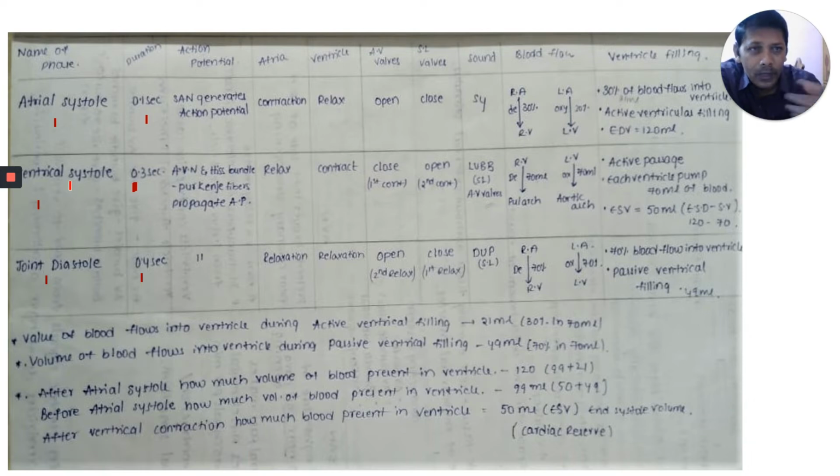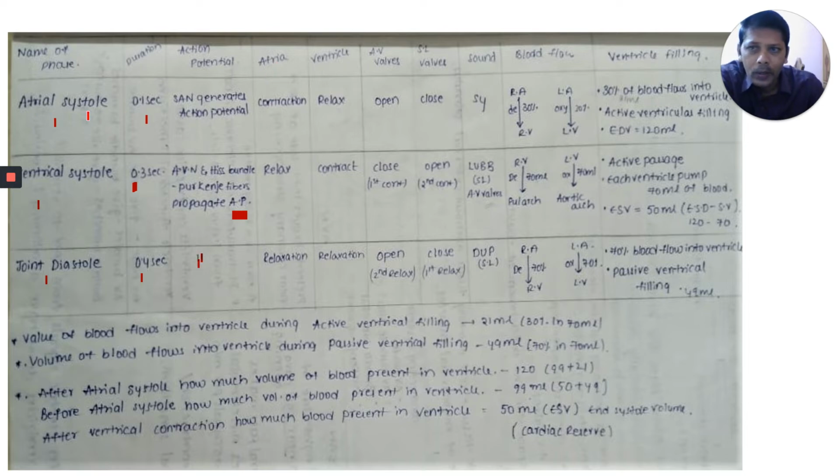The AV node, atrioventricular node, and the bundle of His and Purkinje fibers propagate the action potential that causes ventricular systole. Diastole means no propagation here. During the joint diastole, the same thing happens, there is no conduction of action potential.